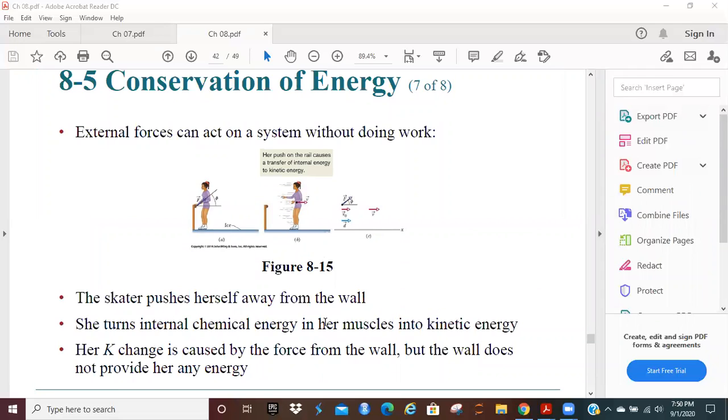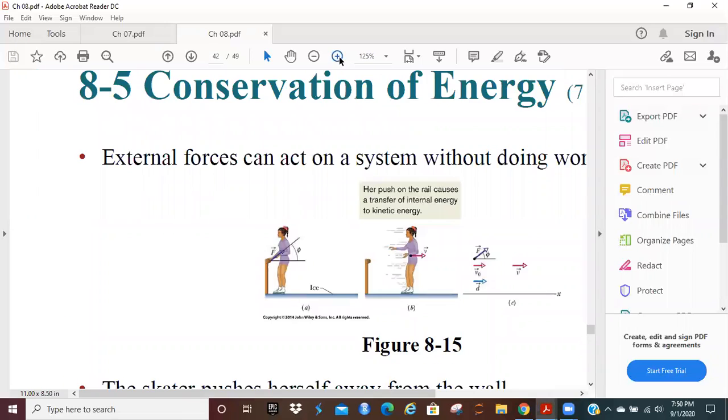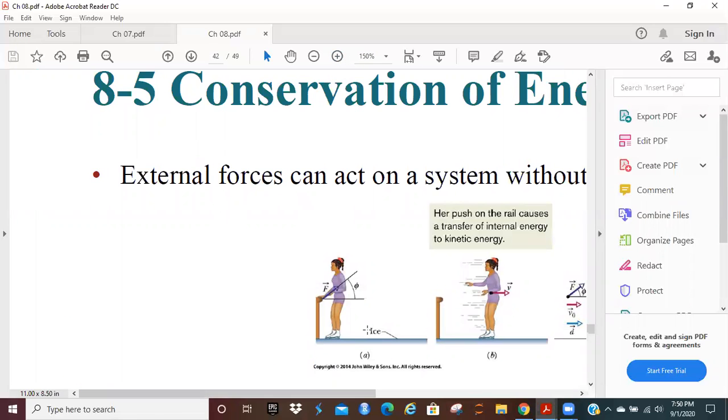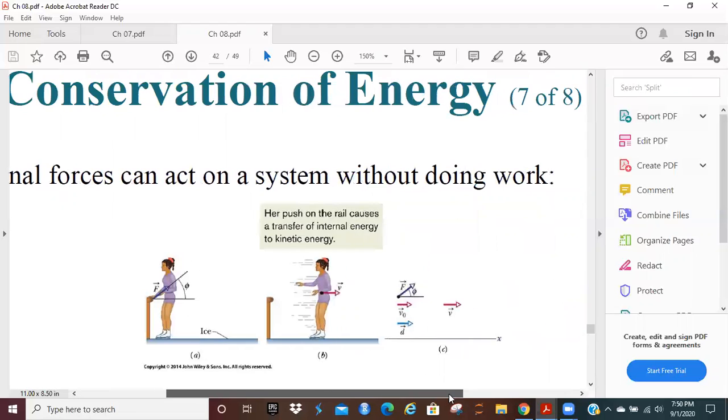External forces can act on a system without doing work, such as with a skater here. She's pushing up against the rail. She's applying a force, or the force from the rail is being applied to her. And so her push on the rail causes a transfer of internal energy in her biceps into kinetic energy. Now she's moving.